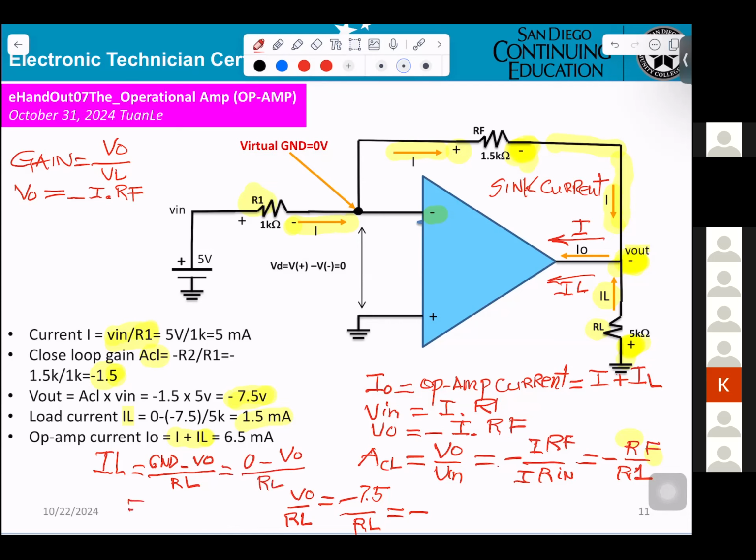Okay, so you can see 0 minus minus 7.5, correct? Divide IL. So you see, you get a minus, so you don't have any more minus. That's why you get 7.5 divide IL right here.